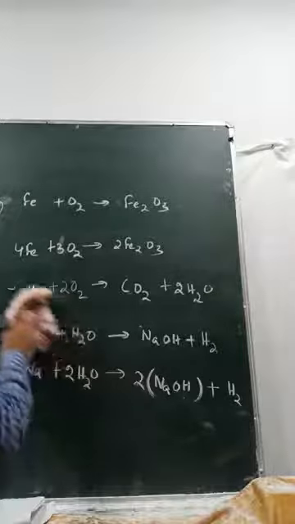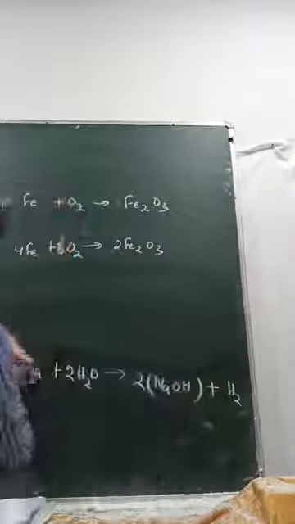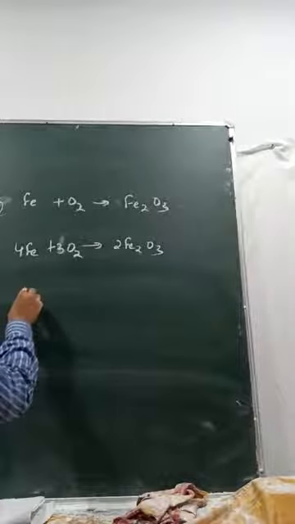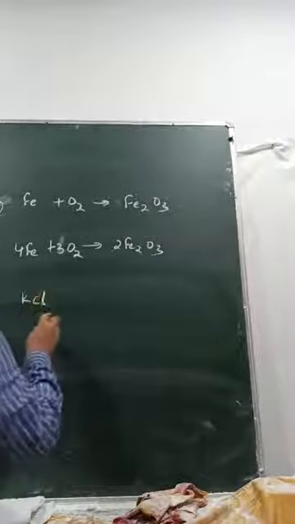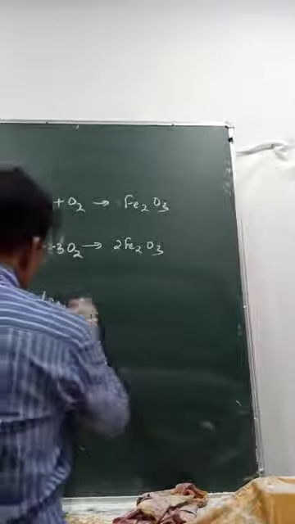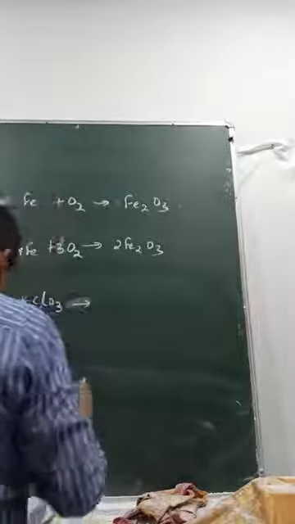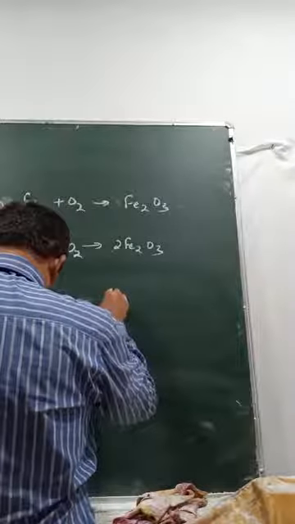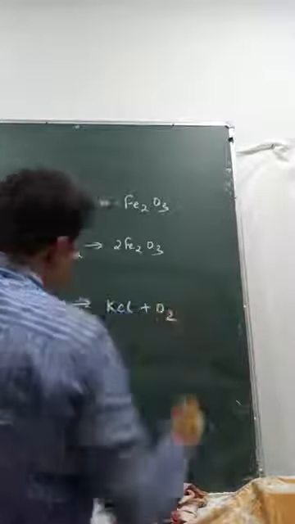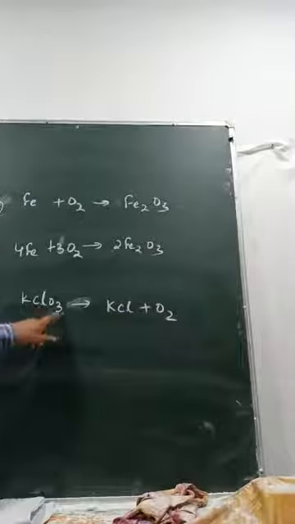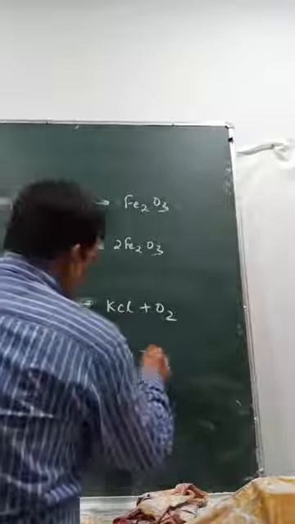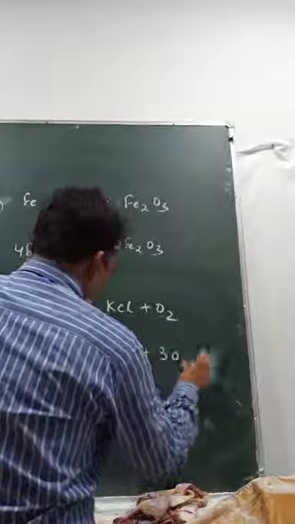See one more. KClO3 gives you in the reaction KCl plus O2. The same clue here, oxygen 3, here oxygen 2. So I have to multiply here 3O2.